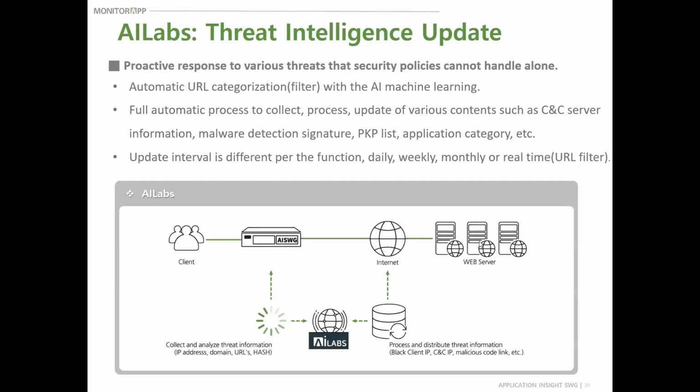And the same goes for other functions such as CNC server, malware detection signature, PKP list update, etc. The update interval is different for each function. In some cases it updates daily or weekly, even almost in real time.